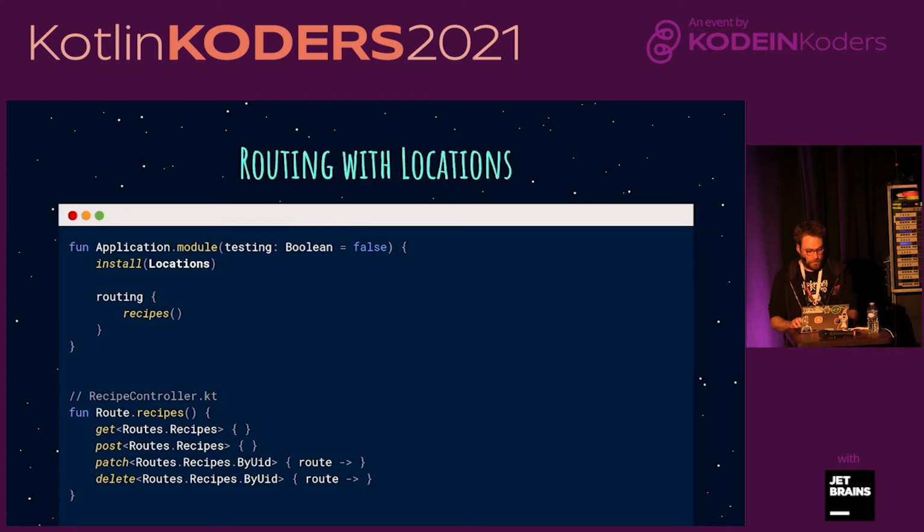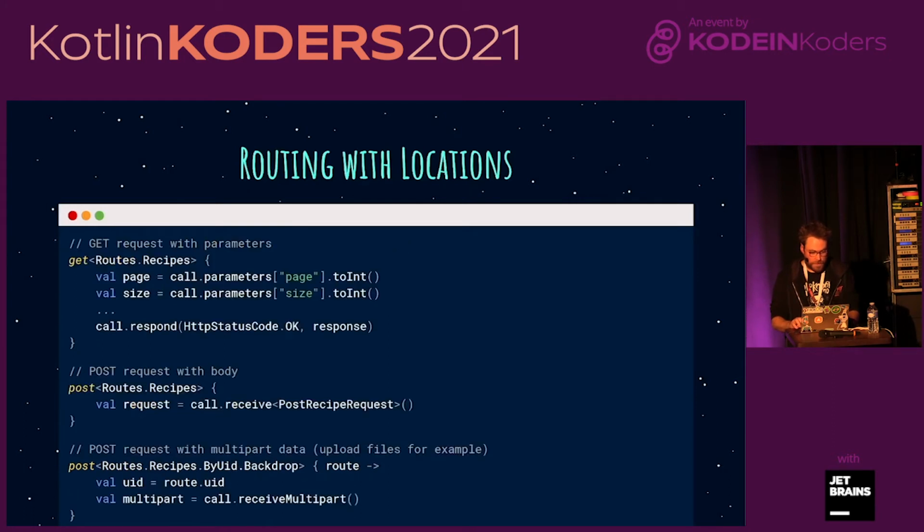And to do so, this is the most common implementation you have here. You can get all the parameters from the route and from the request, calling call.parameters.